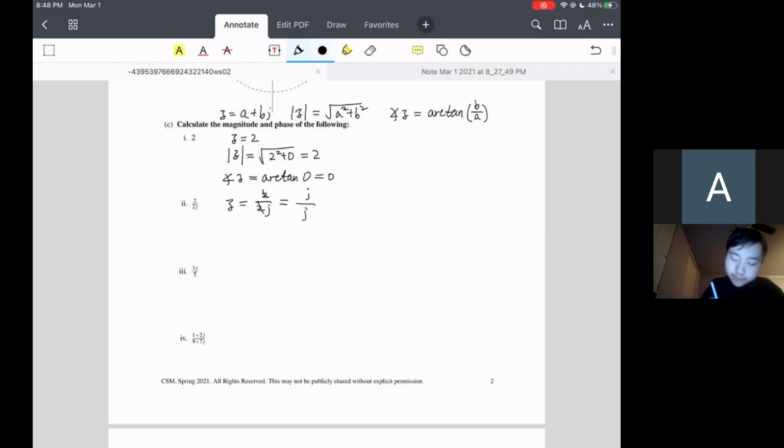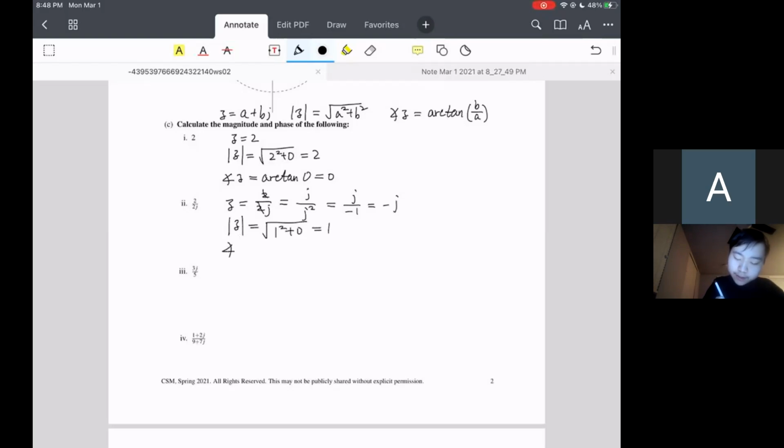So j over j squared, because j is not 0, obviously. And then that will be equal to j over negative 1, which is equal to negative j. Okay, so the real part is 0, imaginary part is negative 1. Okay, so the norm or the magnitude would then just be the square root of 1 squared plus 0, which is equal to 1.